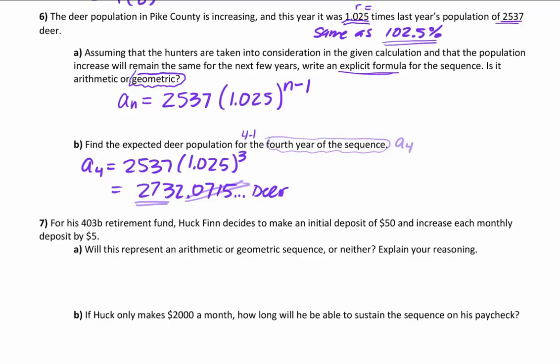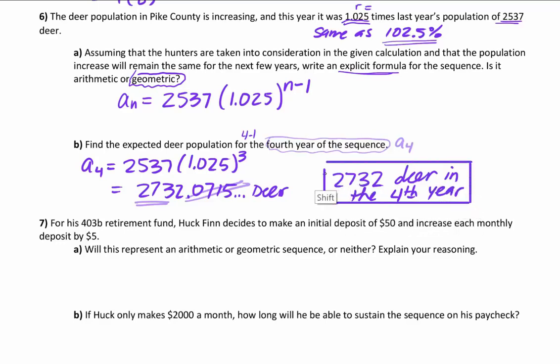We just keep the whole amount because we are not up to the next whole animal yet. So that would be 2,732 deer in the 4th year. And you don't always have to give that extra little information, but it does help, okay? Makes your answer a little bit more meaningful.